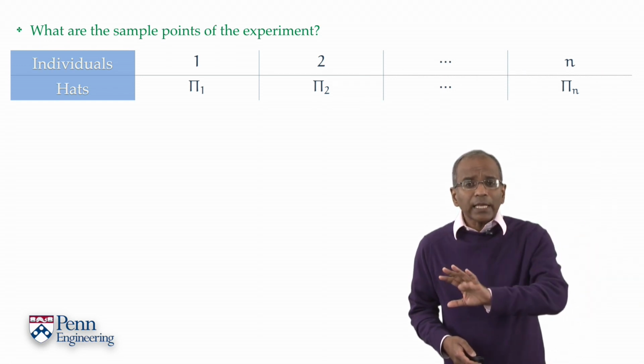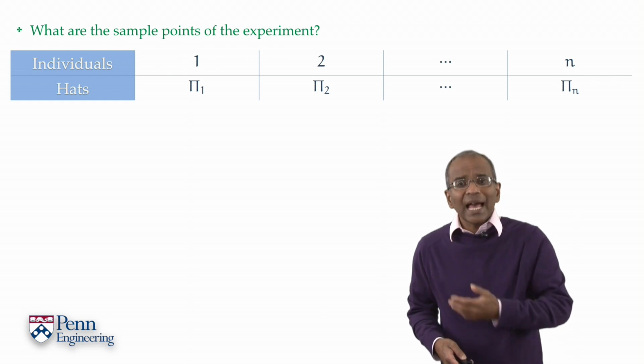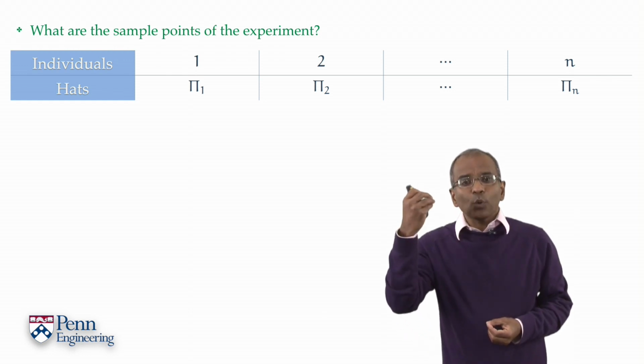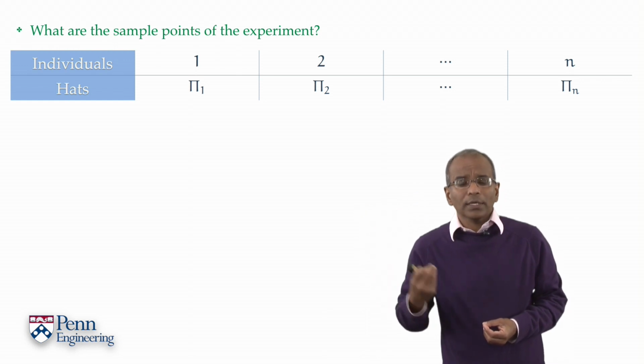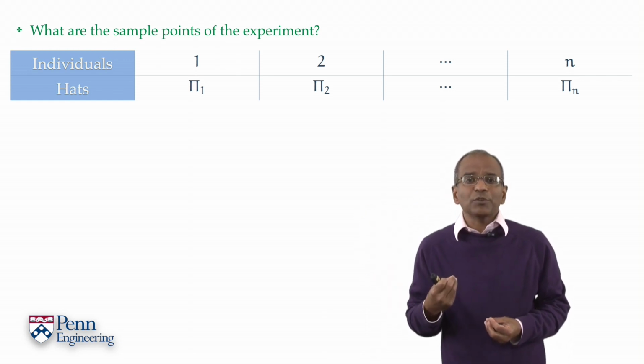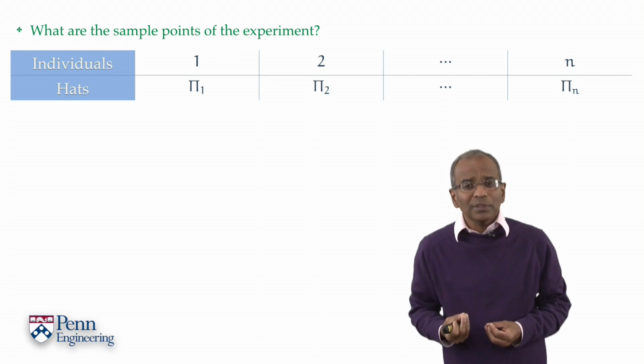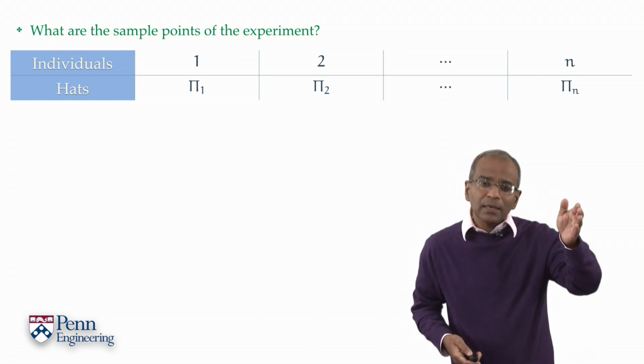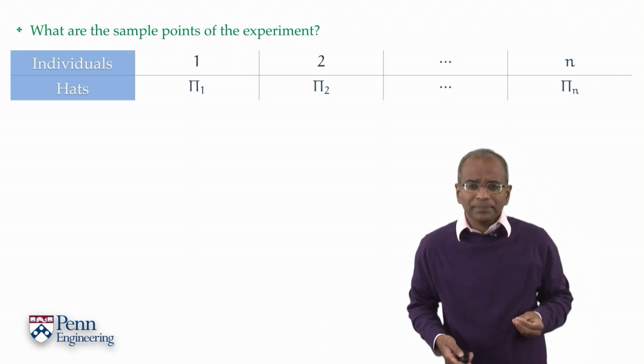And what do we have next? Each of them is allocated a hat. Let's call the hat allocated to individual 1, pi 1. The hat allocated to individual 2, pi 2, and so on. The hat allocated to individual n, pi n.